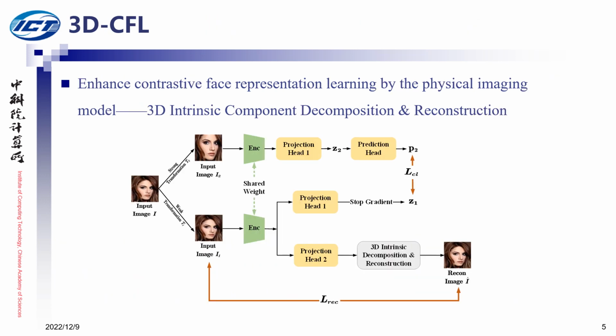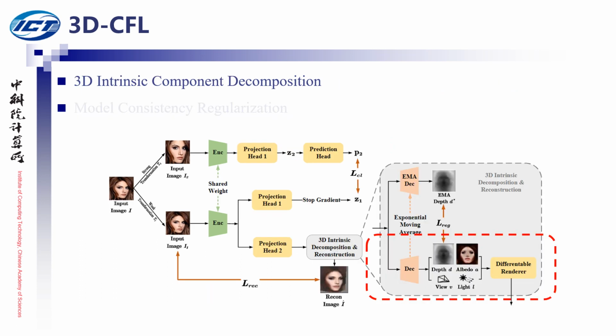In this paper, we propose a 3D-aware contrastive face representation learning method, which enhances the contrastive face representation learning with the physical imaging model. We decompose the input image into 4 intrinsic components.